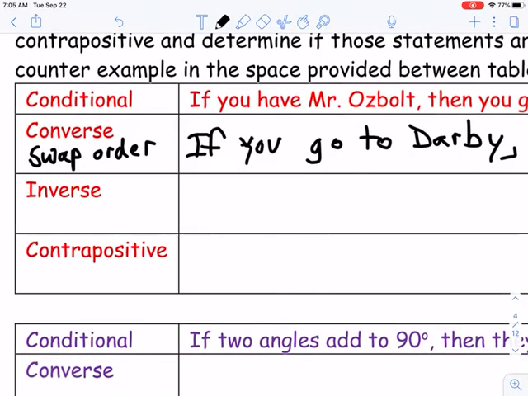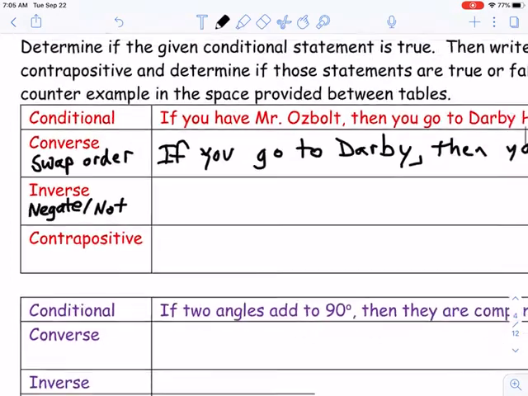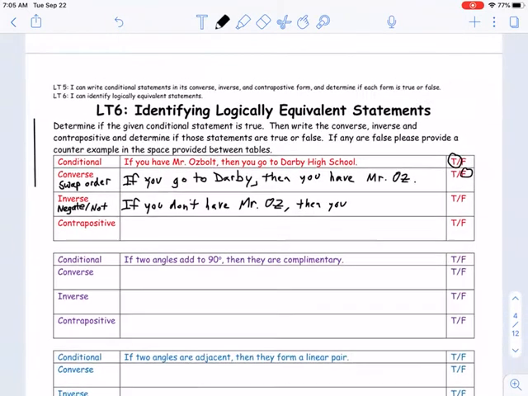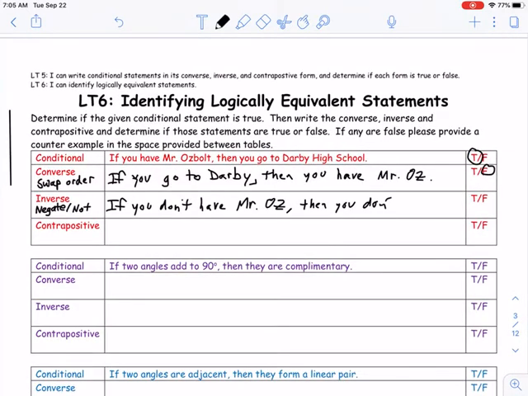Alright, so inverse, negate. Or inverse, not. So remember, order stays the same. If you don't have Mr. Oz, then you don't go to Darby.